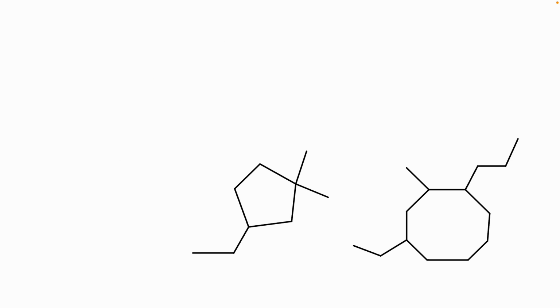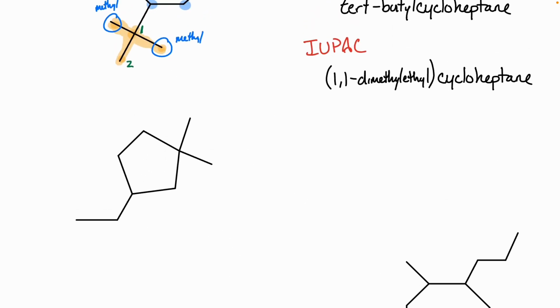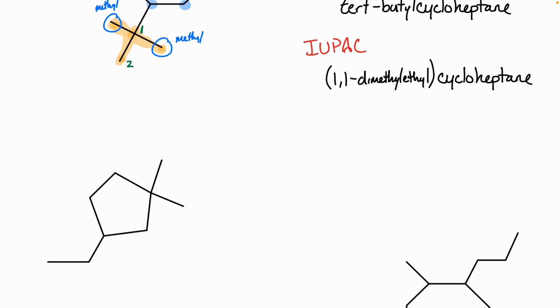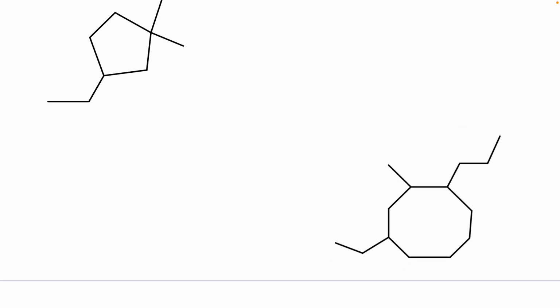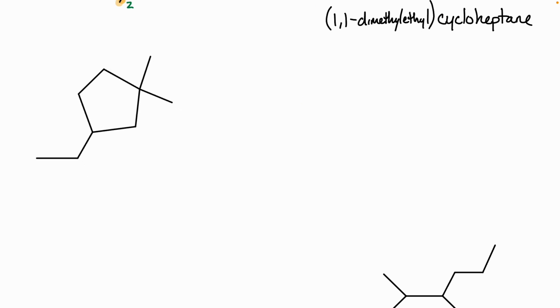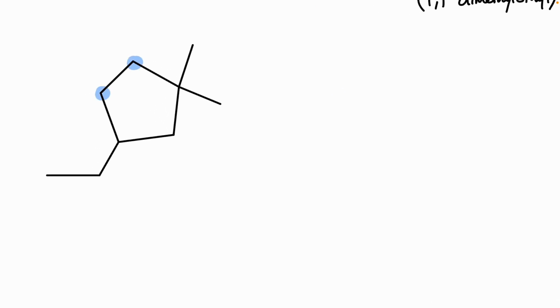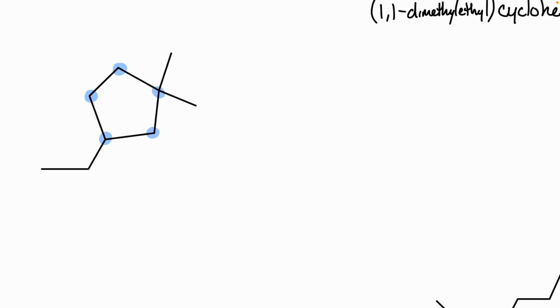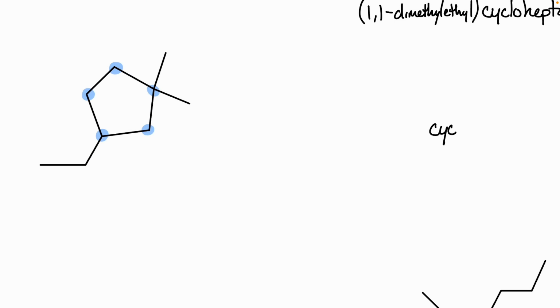Let's do this one here. What's my parent chain here? 1, 2, 3, 4, 5 carbons in a ring. So my parent chain will be a cyclopentane.